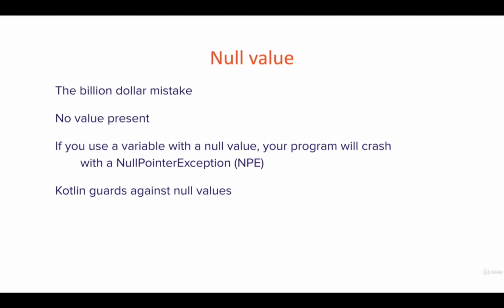So Kotlin provides some guarantees to guard against null values, and we will see what those guarantees are. This is one of the main selling points of Kotlin: unless it's improperly used, it does not allow for null values to be accessed.